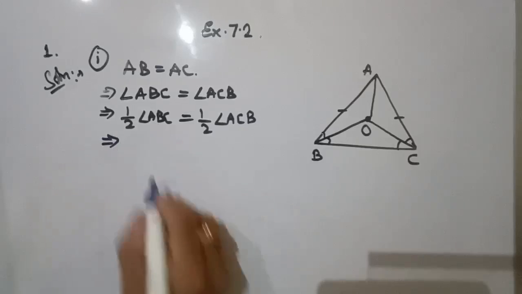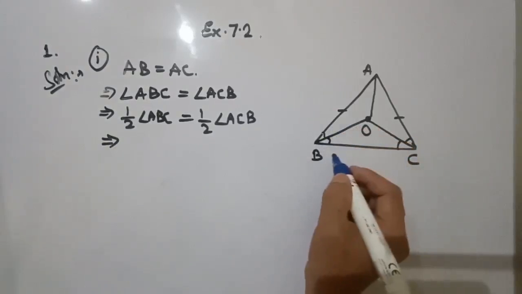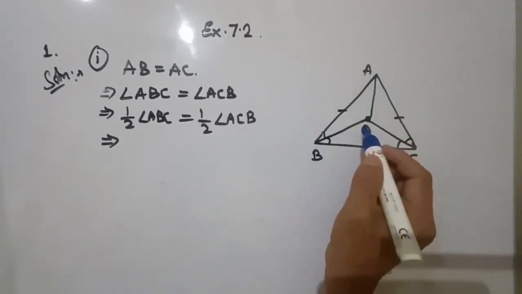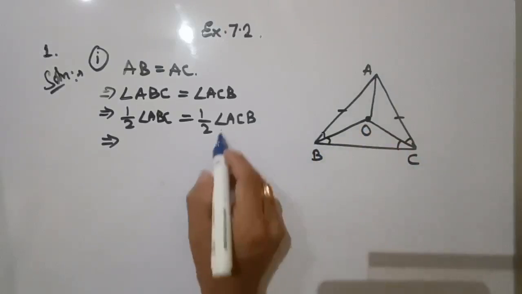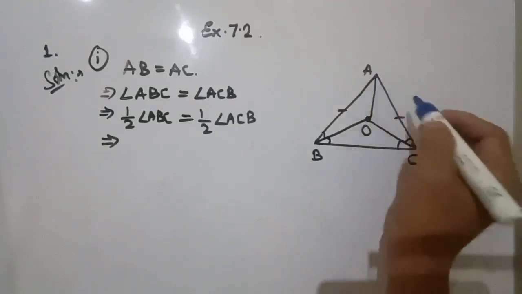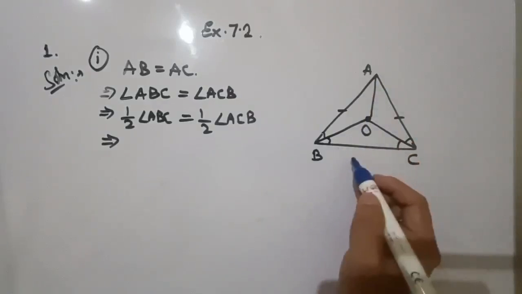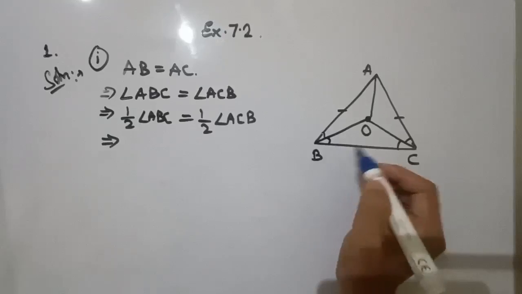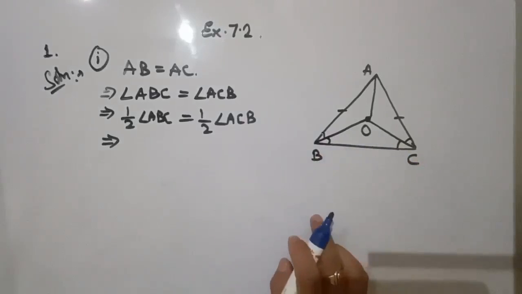Implies half of angle ABC is either angle ABO or OBC, and half of angle ACB is either angle ACO or BCO, because these two angles are equal, since OB and OC are the angle bisectors of angle B and angle C respectively.